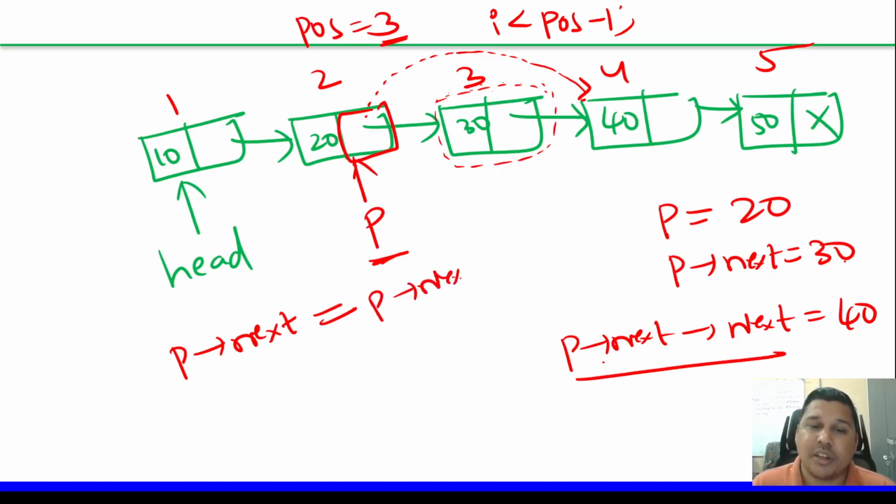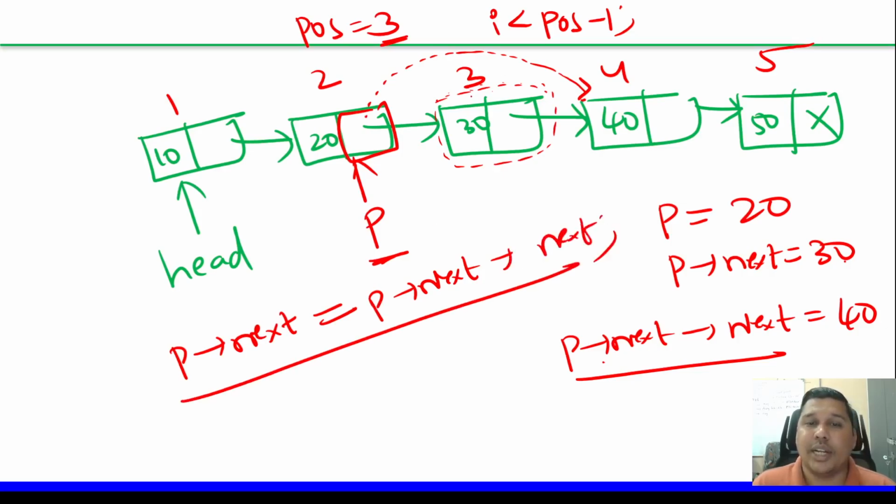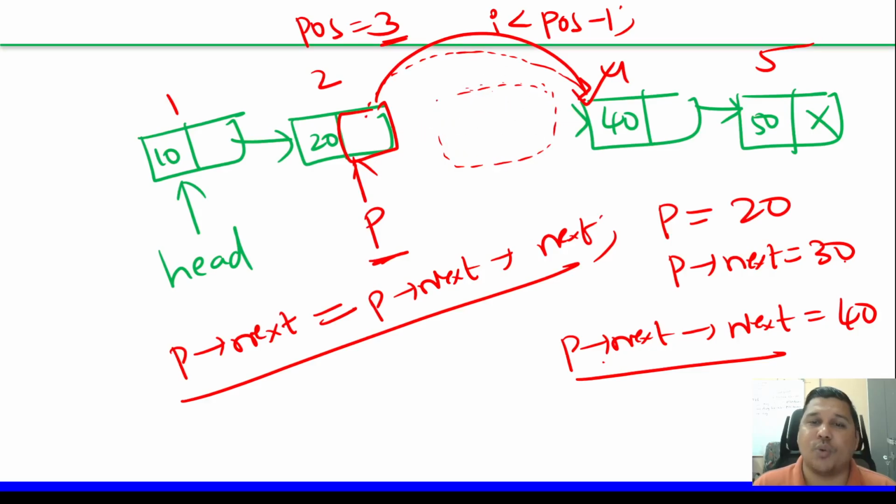This one command will form this link. It means this chain is broken now, because we have created this link. Then you just write free of P next. When you do that, it is deleted. This is the procedure for deleting a node in a single linked list at any given location.